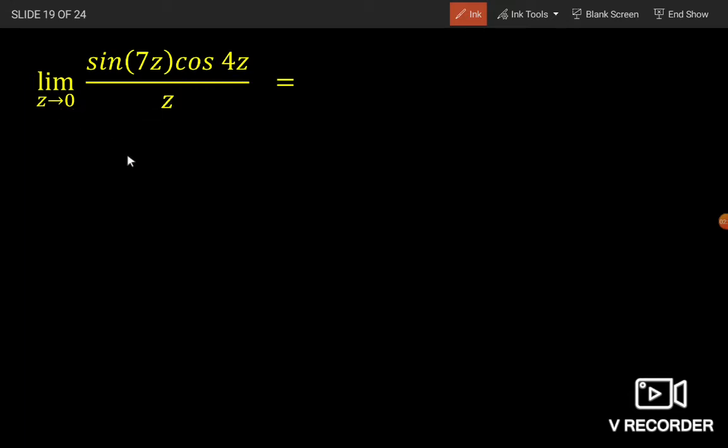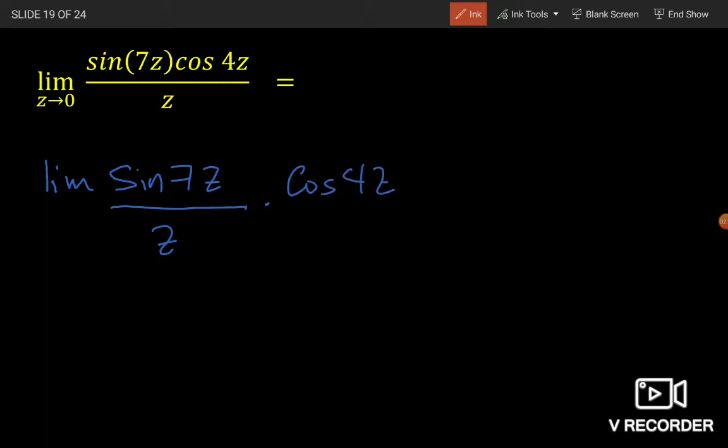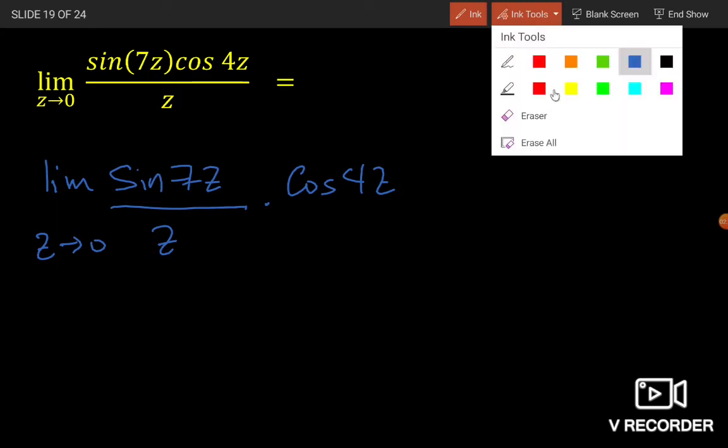So we can rewrite this into the limit of sine of 7z over z multiplied by the cosine of 4z as z approaches 0.